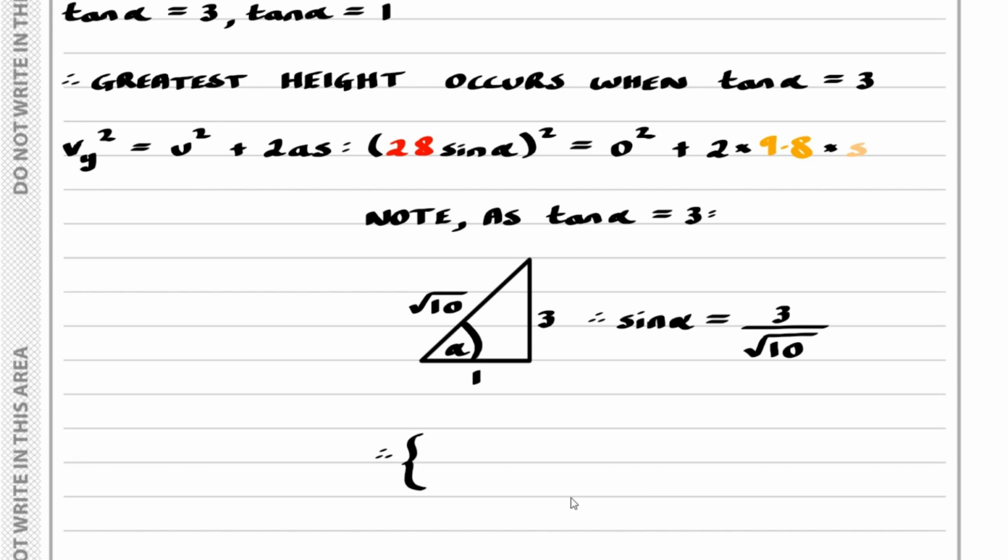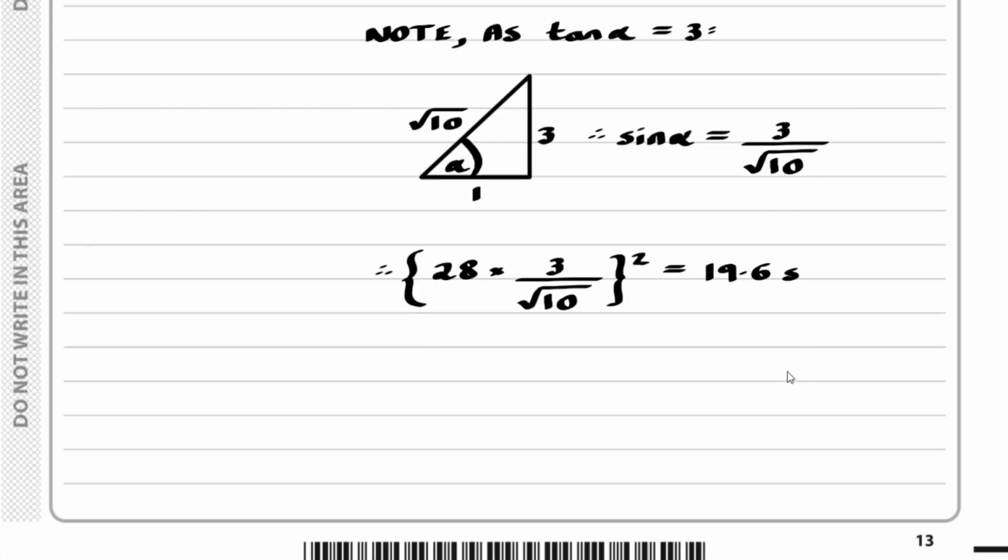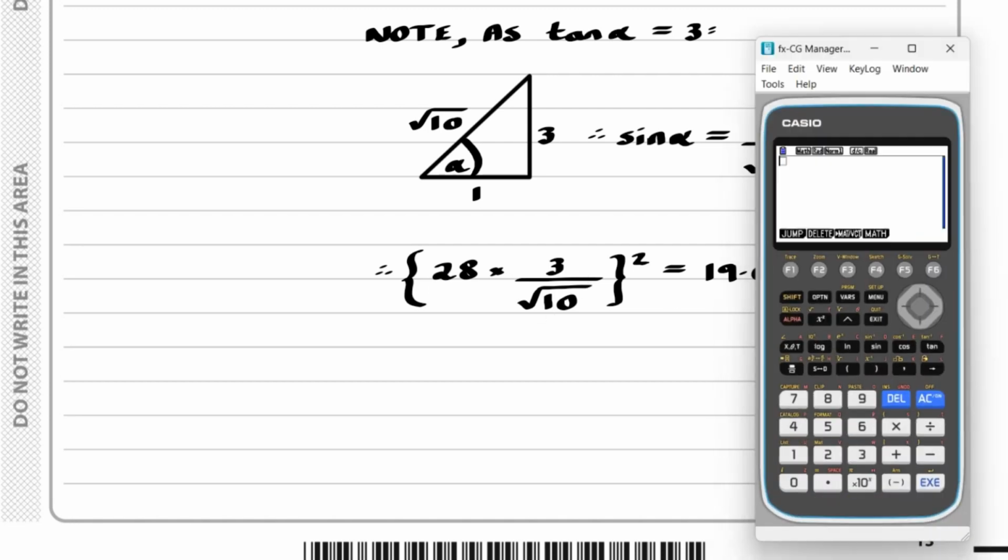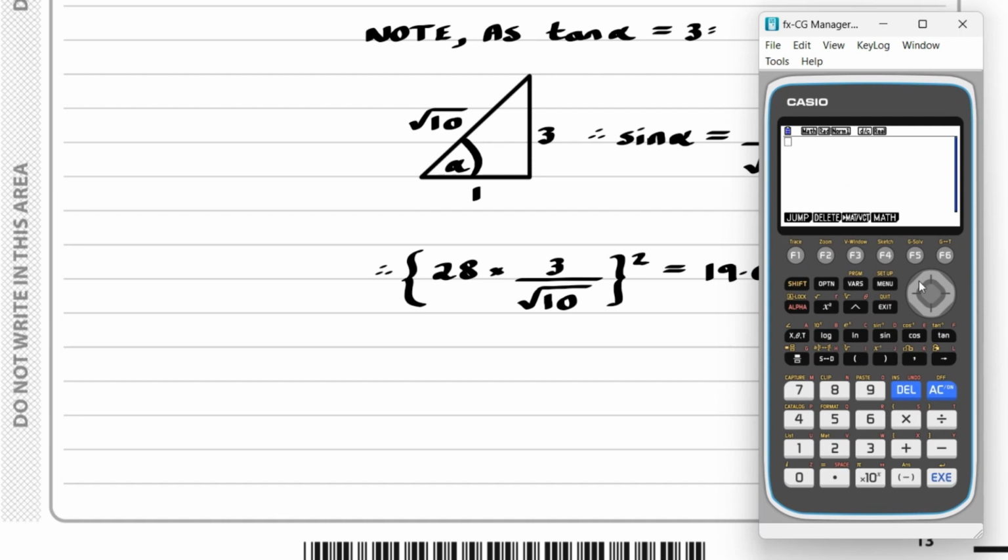Meaning, we have 28 multiplied by sine alpha, so that's 3 over root 10 squared, and this is equal to 19.6, which is the same as 2 times 9.8, multiplied by s. And what we are required to do is find out what s is, and we can do that using our calculator.